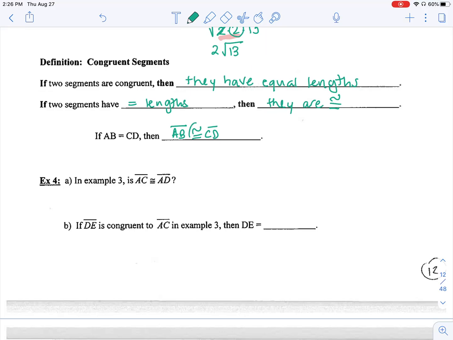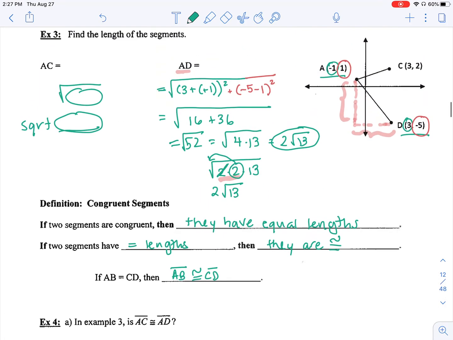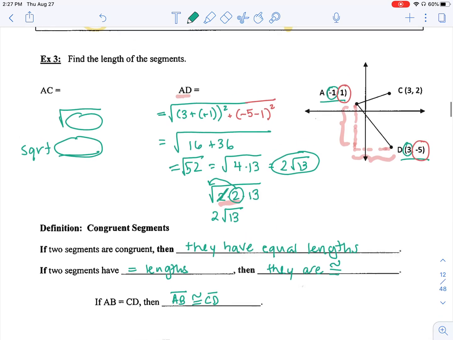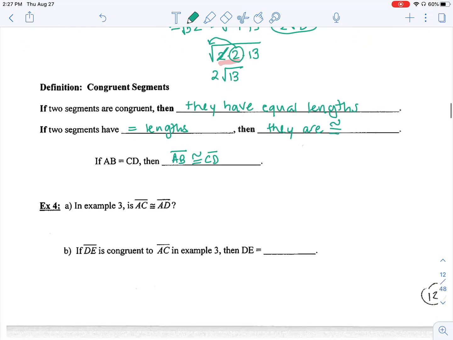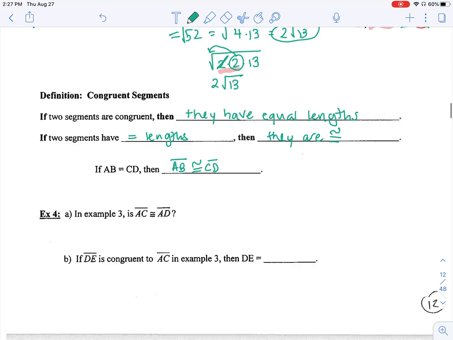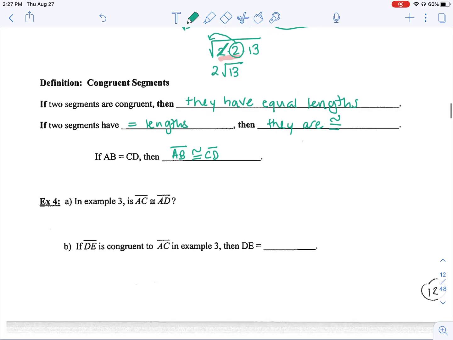So if we're going to use this congruent symbol, we want to make sure we use these segment symbols on top. Let me undo that. So in example number 3, is AC congruent to AD? So go back to your calculation of AC, compare it to AD, and answer: are those segments congruent to each other?